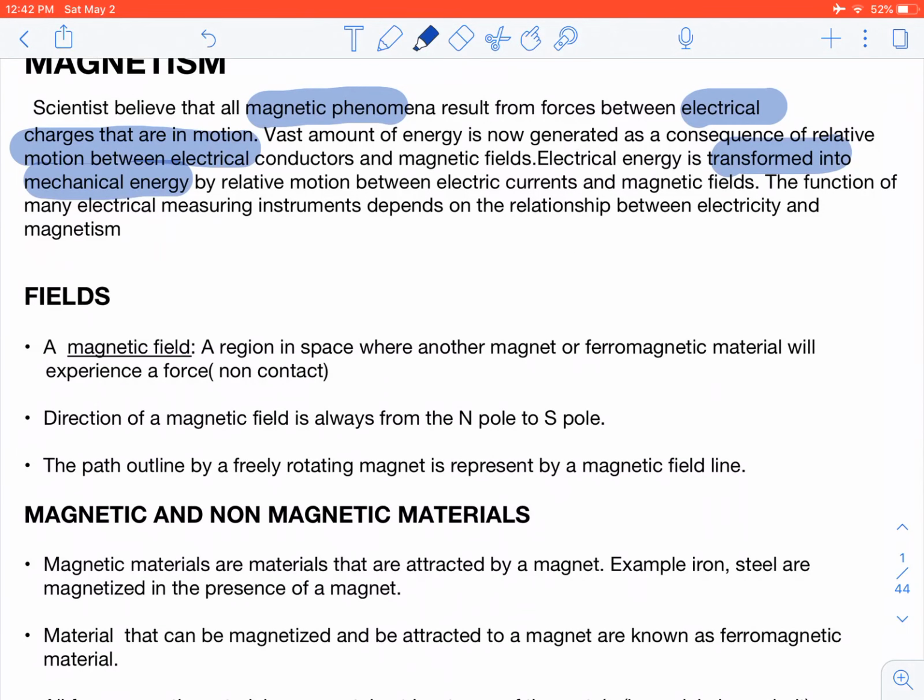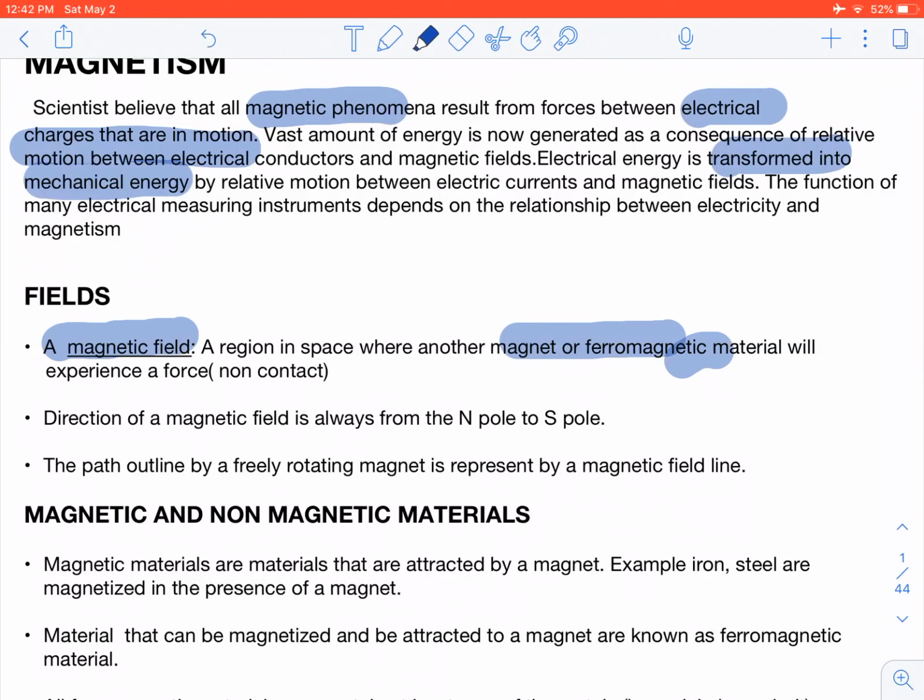So, firstly, a magnetic field is a region of space where another magnet or ferromagnetic material will experience a force. And this is a non-contact force, right?